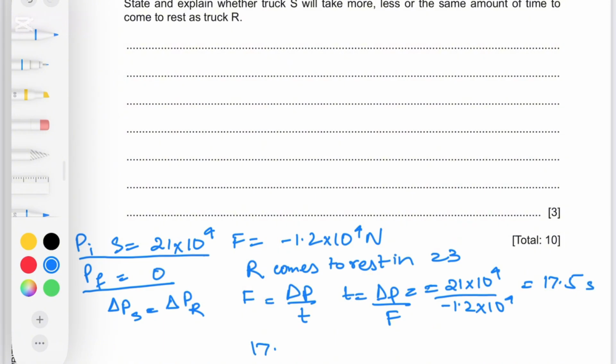This is clearly less than the time taken for truck R to come to rest, which was 23 seconds. So for 3 marks, you're supposed to state that both trucks have the same change in momentum, where truck R comes to rest in 23 seconds and truck S comes to rest in 17.5 seconds, which is less time than truck R.